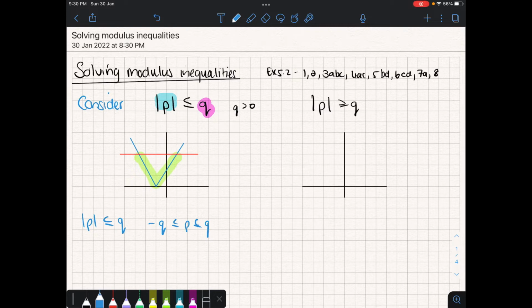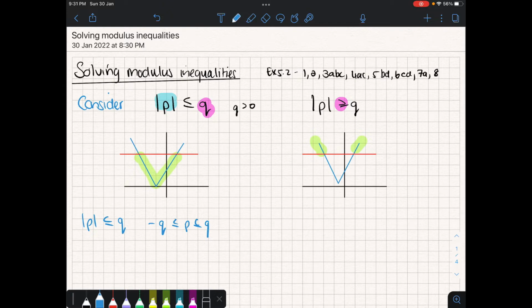Now in the same sense, we could ask, where is this modular function greater than the constant? If we draw exactly the same example again, what we are asking ourselves is where the modular function is greater than the constant. In this case, we can see this happens on the outer edges of the intercepts.